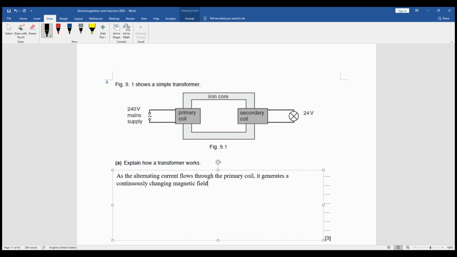Since it's 3 marks, I'm going to talk about the iron core. The soft iron core links the changing magnetic field lines to the secondary coil.